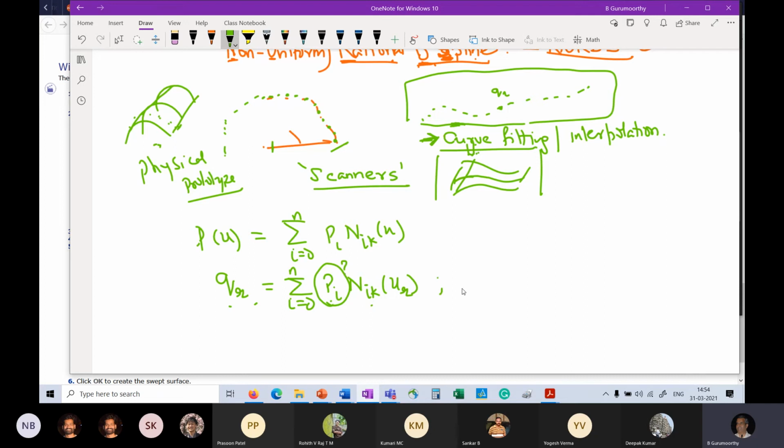And I have R such points, capital R such points. Right, so I go from 0 to capital R, so R plus 1 points, right? And each of those points must satisfy this equation. Correct? That's my problem that I need to solve. So this is my curve fitting or curve interpolation problem.